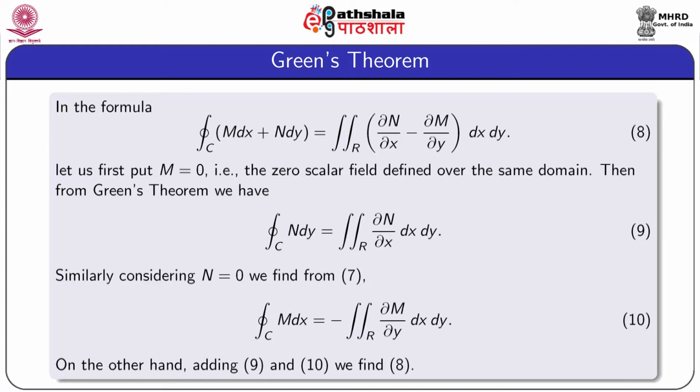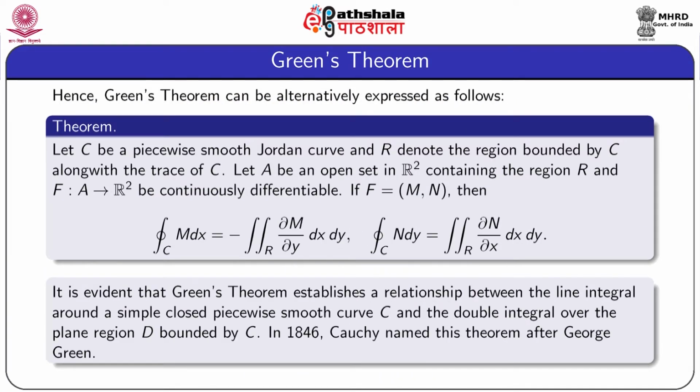On the other hand, if we add these two relations, we can find the relation used in Green's theorem. Thus, we have another alternative expression for Green's theorem. Let C be a piecewise smooth Jordan curve and R denote the region bounded by C along with the trace of C. Let capital A be an open set in R2 containing the region R and capital F from A to R2 be a continuously differentiable vector field.